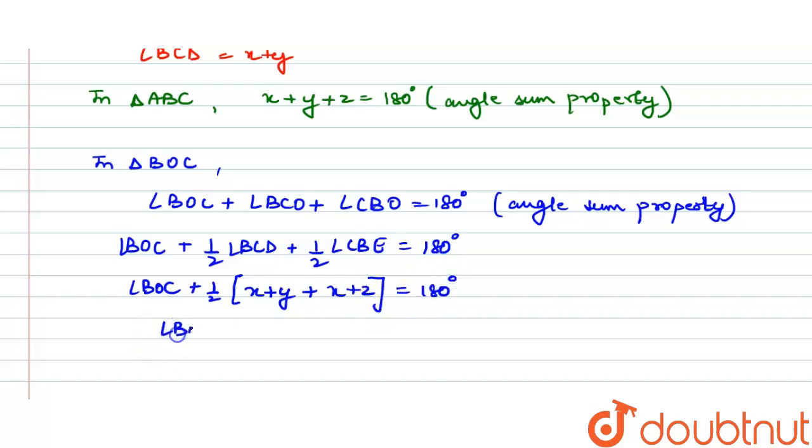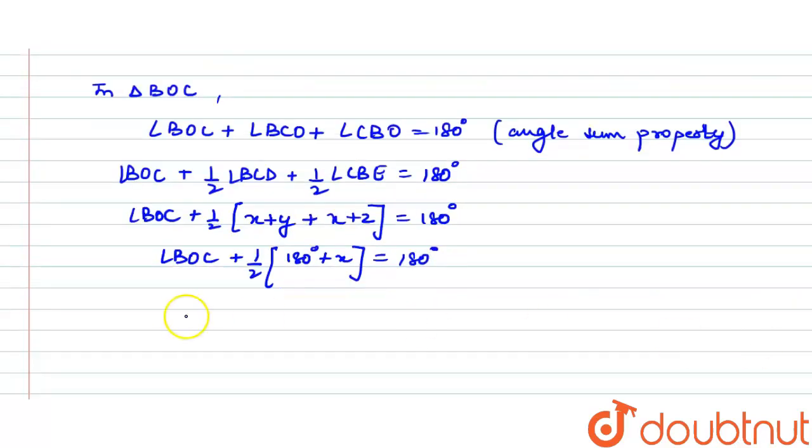So from here, angle BOC plus, now we have X, Y and Z here. Writing X plus Y plus Z and X, we can simply write it as half of 180 degrees plus X is equal to 180 degrees. Now we open up the brackets.